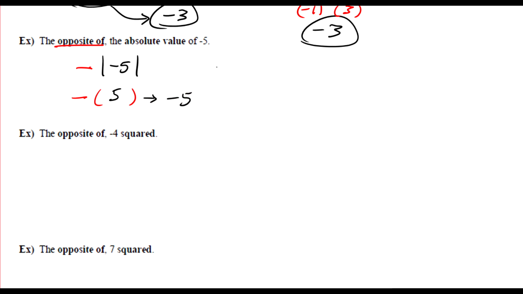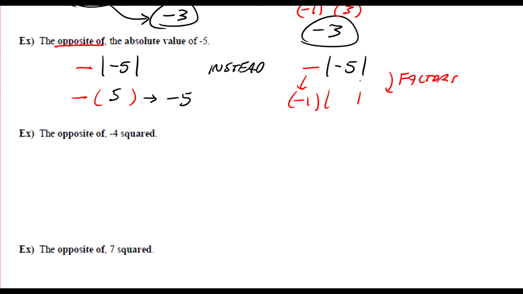So instead, if we have the opposite of the absolute value of -5, we're going to recognize factors. The opposite of is going to be a factor of -1, and then the absolute value of -5 is the other factor.